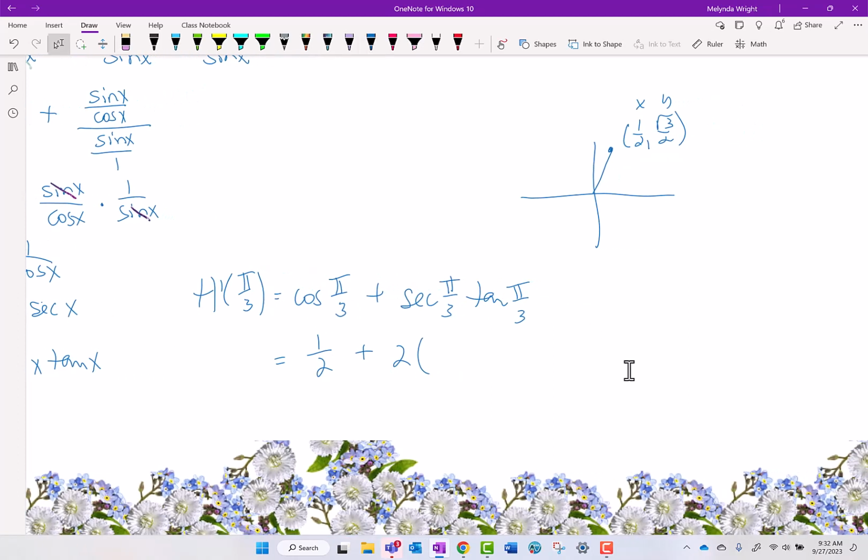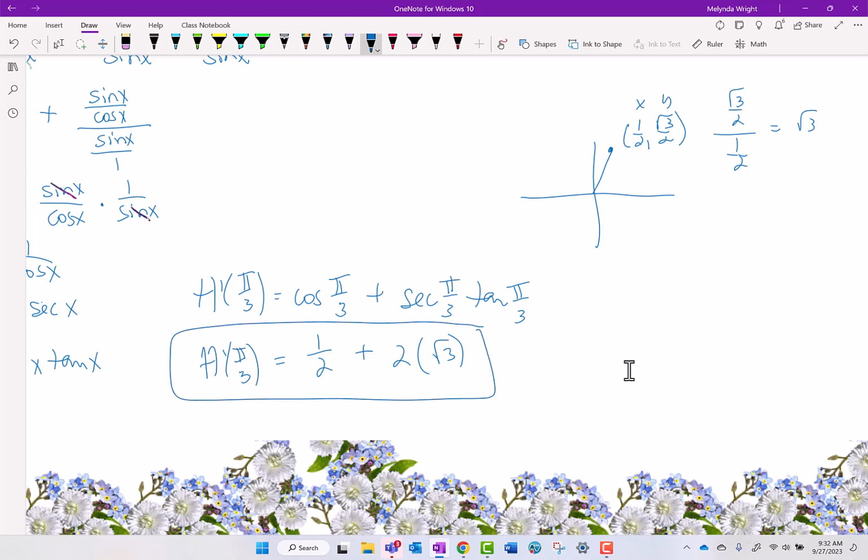Tangent is sine over cosine, so root 3 over 2 over 1/2. So keep, change, flip. What do I get with that? Root 3. Okay, is that looking okay to us? And that is what this is. H prime of pi over 3 is 1/2 plus 2 root 3. Okay.